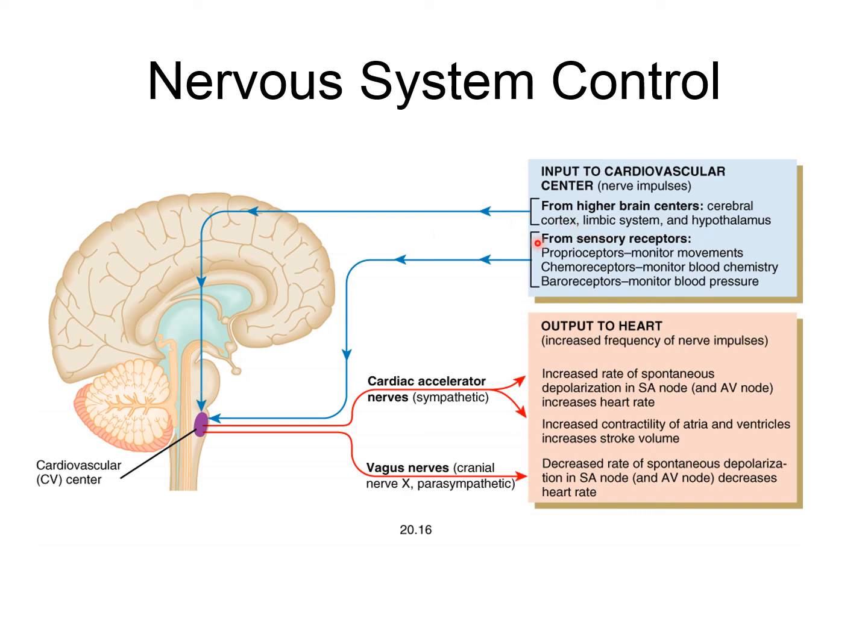And information is also coming from the periphery of the body, from proprioceptors that are monitoring the movements and positioning of the limbs and the organs, chemoreceptors that monitor blood chemistry, and baroreceptors that are monitoring blood pressure. They are present in the blood vessels that are going toward the head, that are the carotid arteries. So this information is coming to the medulla oblongata.